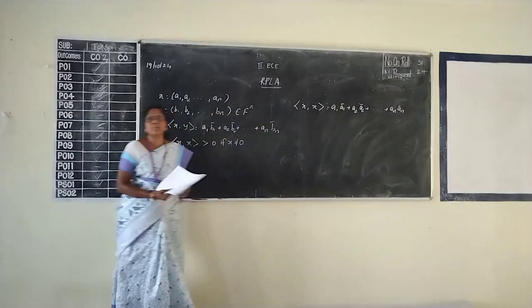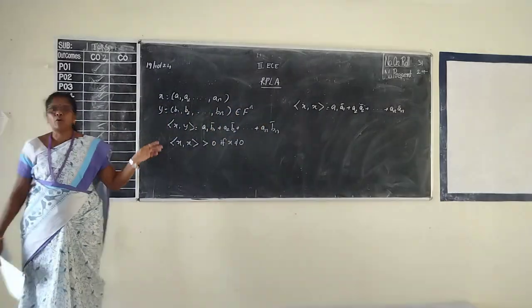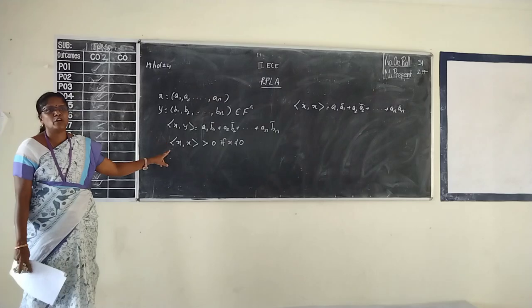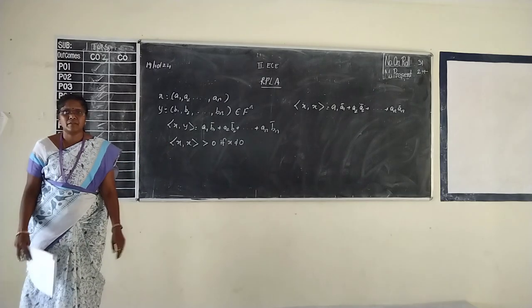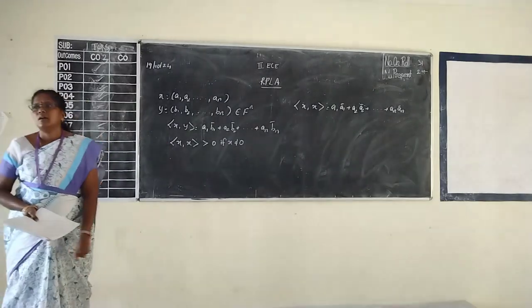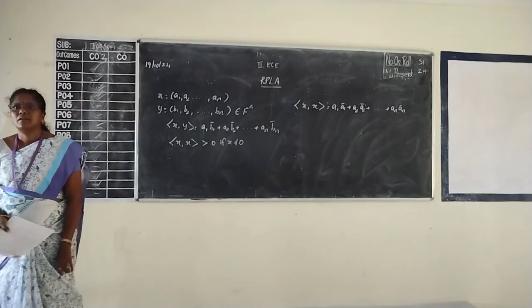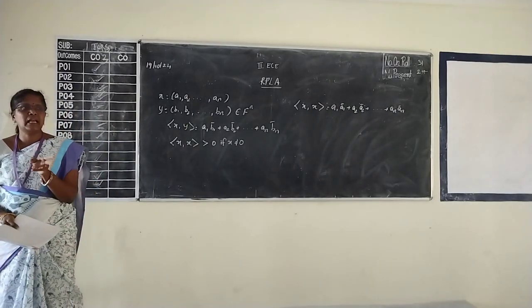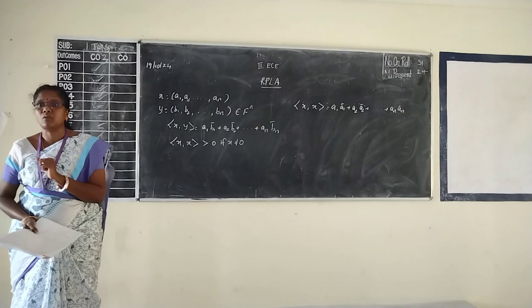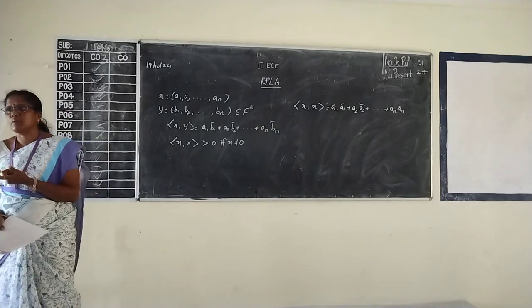Because x has elements from a1 to an, b is going to be replaced by a itself. What is a1 a1 bar? We are multiplying the element with its conjugate. How do we rewrite that one?